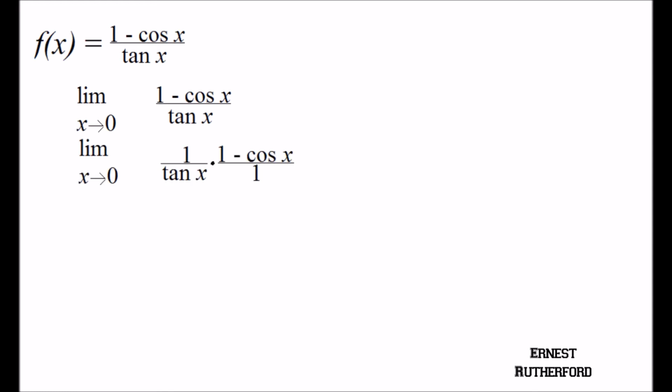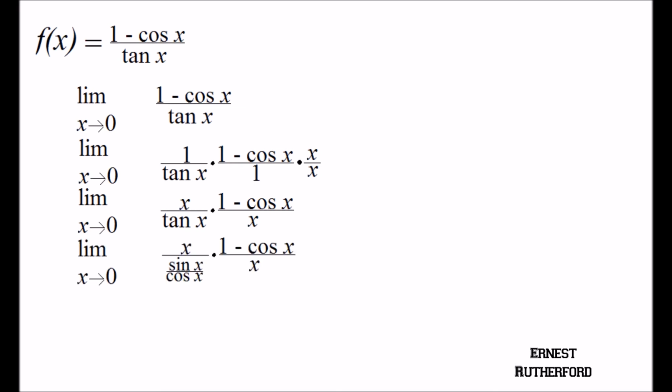So first thing we have to do is separate the numerator and the denominator of the rational function, wherein there will be 1 over tangent of x times 1 minus cosine of x over 1. Then 1 minus cosine of x and 1 over tangent of x will be multiplied by x over x, so that the numerator and the denominator will be x.